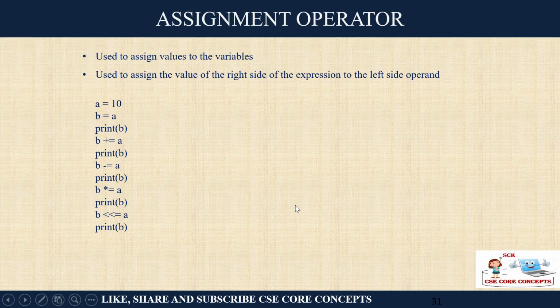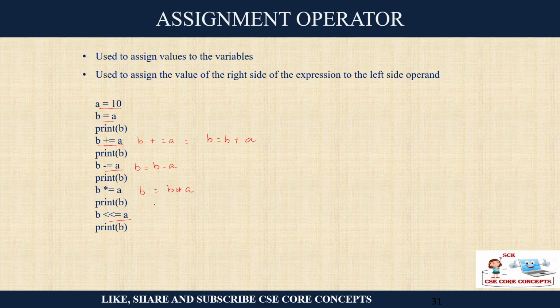Then comes your assignment operator. So this you have done in other programming languages also. Very simple. A is 10, B is equal to A means you are assigning the values. Now B plus equals A means B is equal to B plus A. This is the short form of writing. This means B is equal to B minus A. B is equal to B multiplied by A, like this.